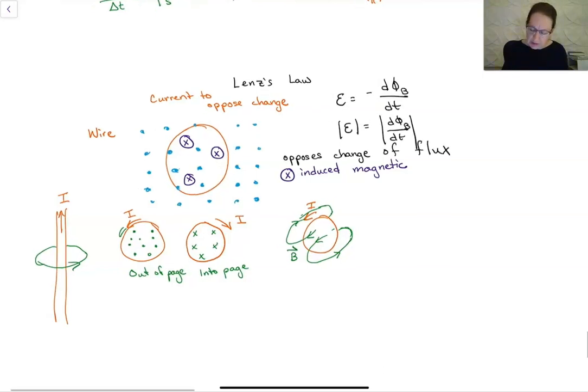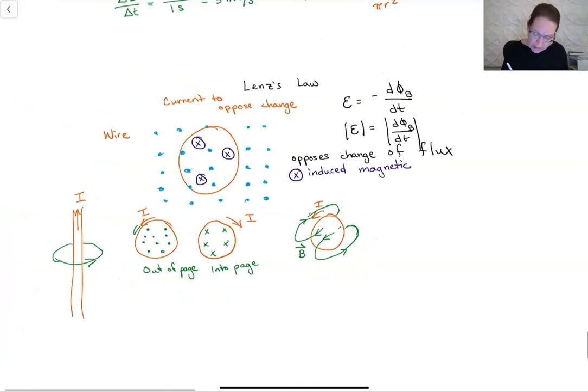So it induces a magnetic field, which means to get X's, I have to have a current going this direction. Okay, so that's the current that gets set up. And so from that, that's how we find our directions. Really going to focus on our direction associated with the current. And so that means that we have a voltage difference that pushes this current in that direction.